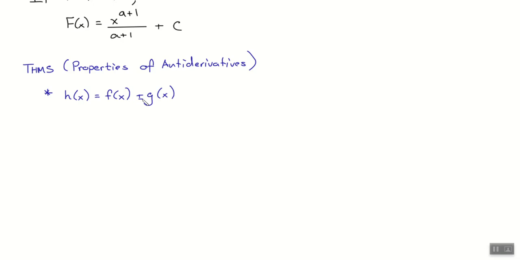And I'm going to make it plus or minus just so I can cover both ends of that spectrum. So we have some function that's just the sum or the difference of two, or it could be more functions, but we'll just say two for now. What do you think that if this exists and the antiderivatives also exist, and I'm just going to assume that's true, what do you think we'd say h of x is? Cap H, I suppose.